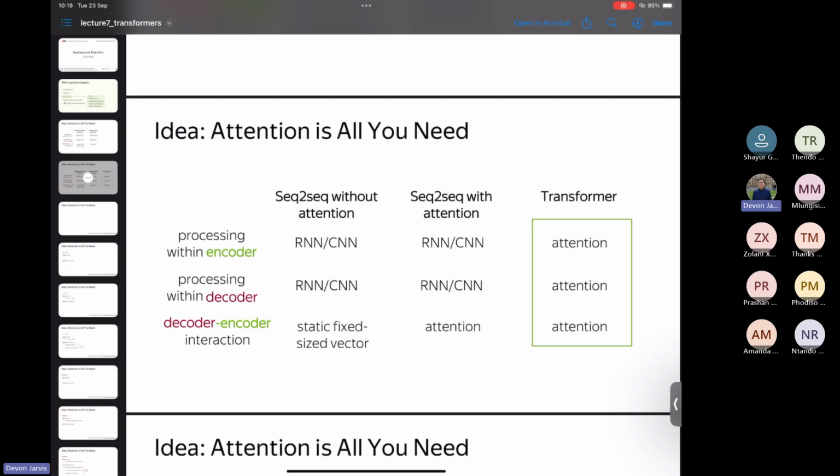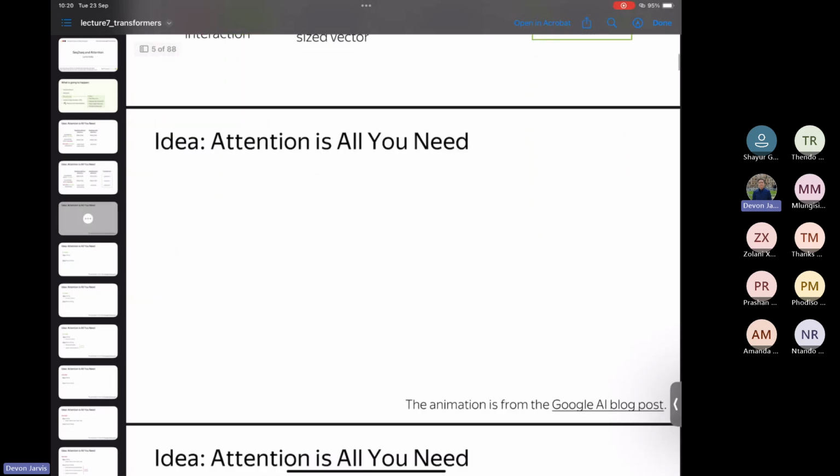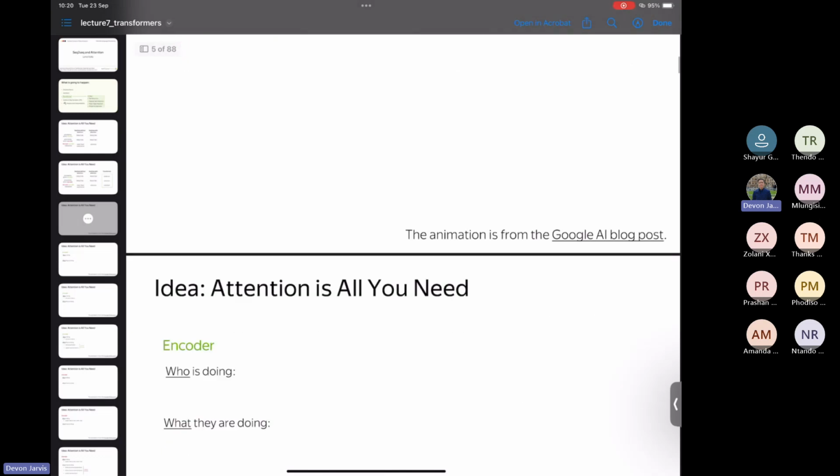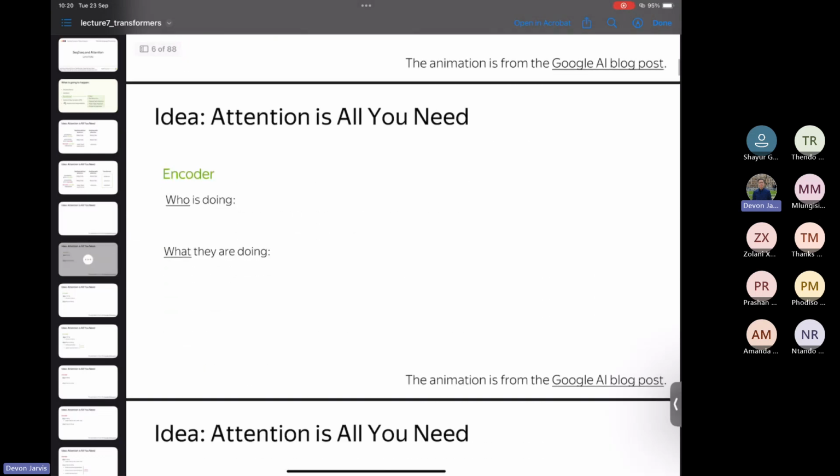Maybe I can just do attention at all pieces of my architecture. The encoder is going to be based on attention, the decoder on attention, and then the cross communication. And that got to the name of the paper: Attention Is All You Need. In other words, you don't need recurrence. You don't need convolution. You just needed this one mechanism across all of your pieces.